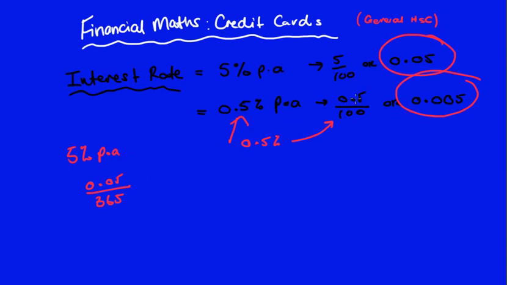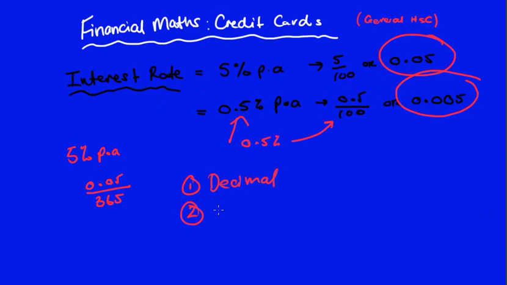Now you can probably see that's why I prefer to have the decimal. If I had the fraction, it'd be 5 over 100, and then putting that over 365, and that would look quite messy, and most likely we get a little bit lost there. So first of all, always write it as a decimal.